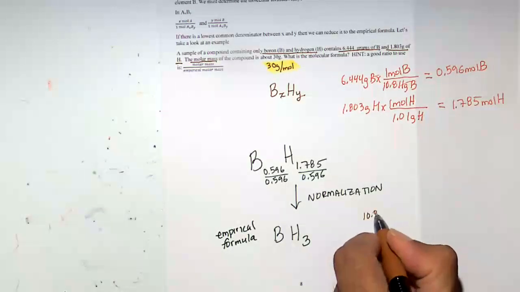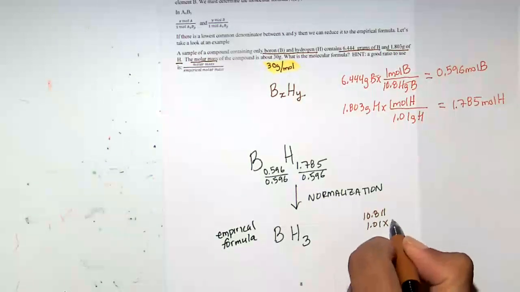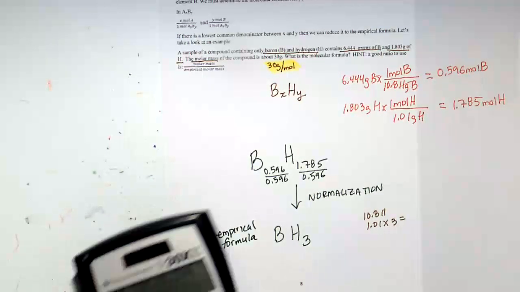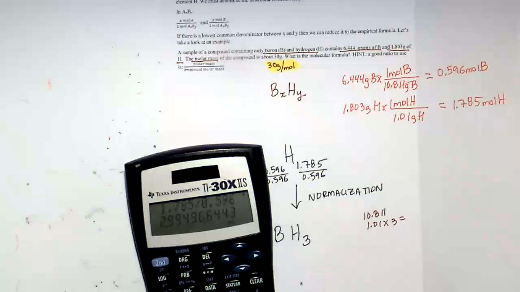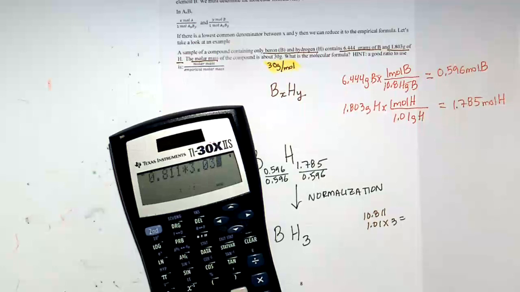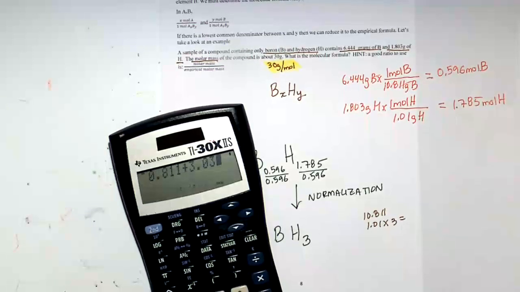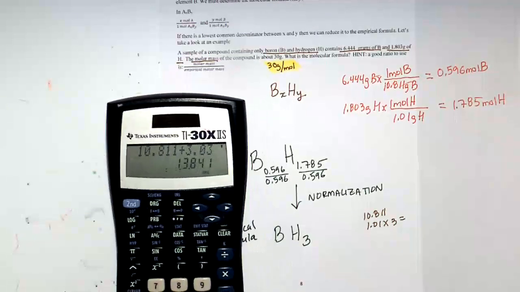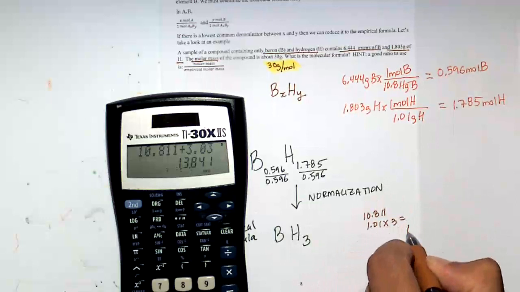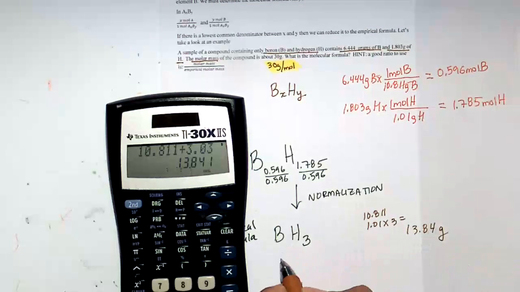Boron is 10.81, hydrogen is 1.01 times 3. So the molecular weight of BH3 is about 13.84 grams.